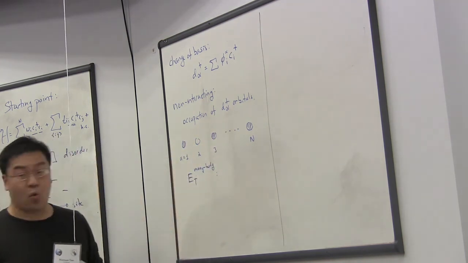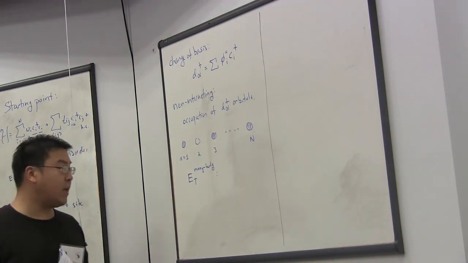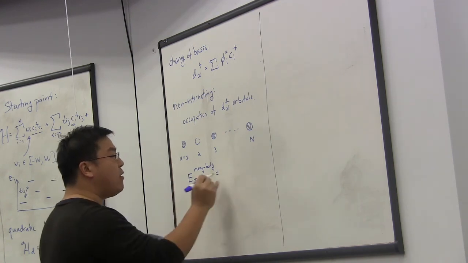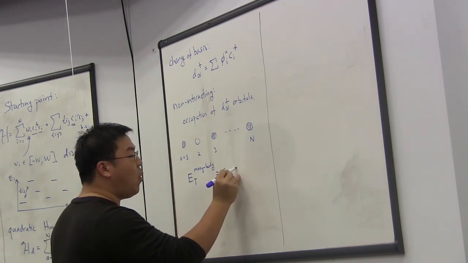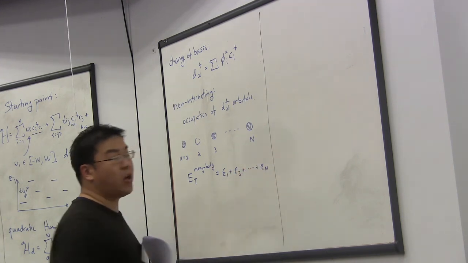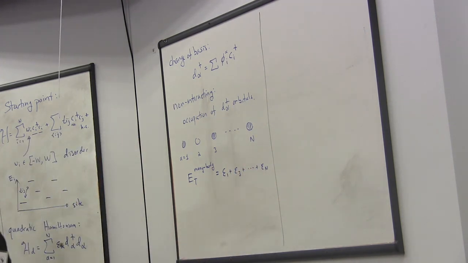Many of these different orbitals being occupied, the total energy of this is simply the energy associated with every single one of these orbitals that are occupied. Feels very, very natural at this point.